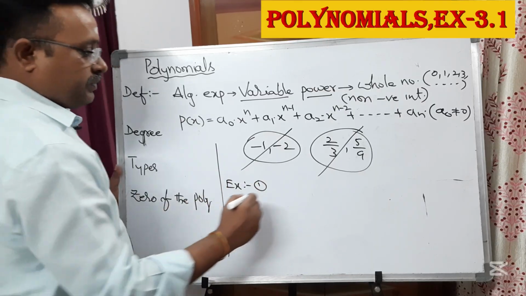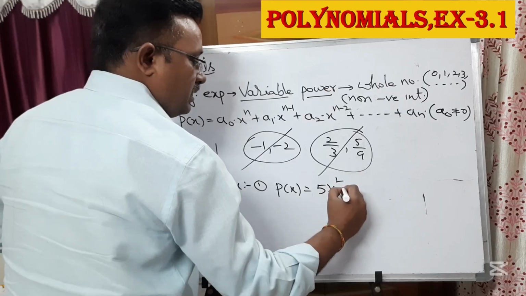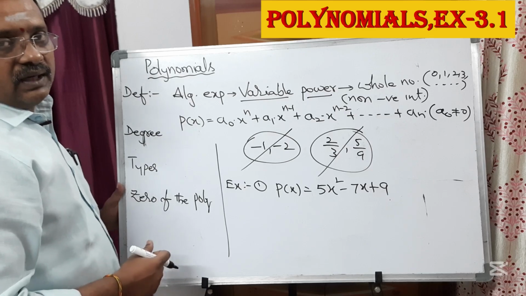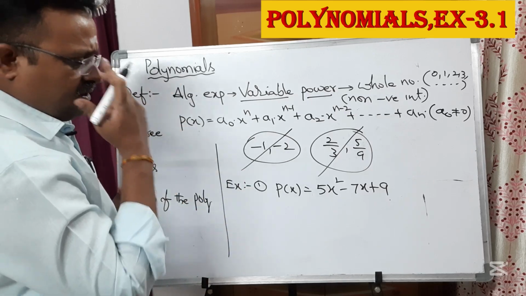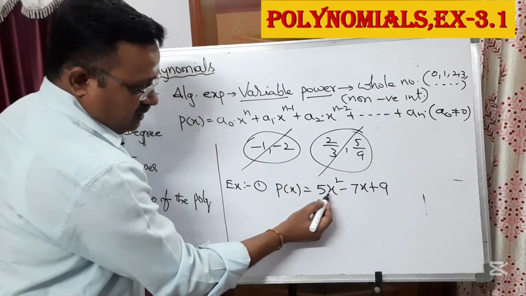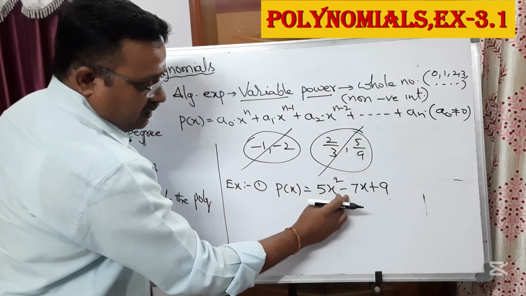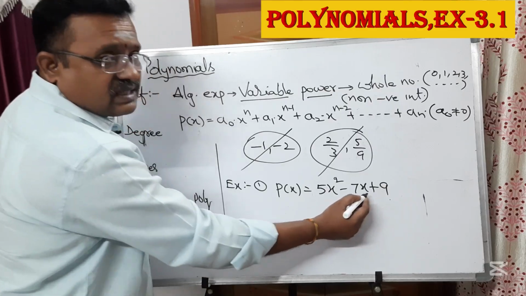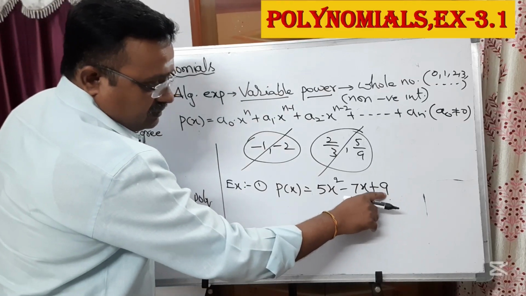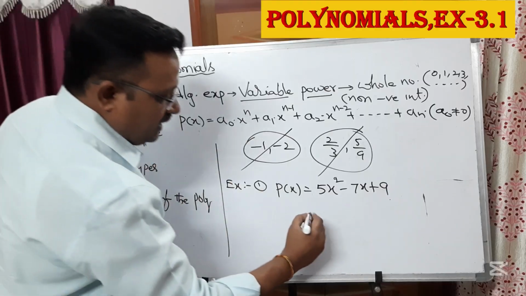Simple example I will try to give. First one, p of x equal to 5x square minus 7x plus 9. This is an algebraic expression. Observe that in the first term the variable power is 2, which is a whole number. In the second term, minus 7x, the variable power is 1. In the third term 9 is there, a numerical constant.